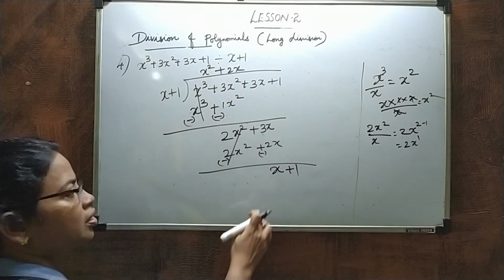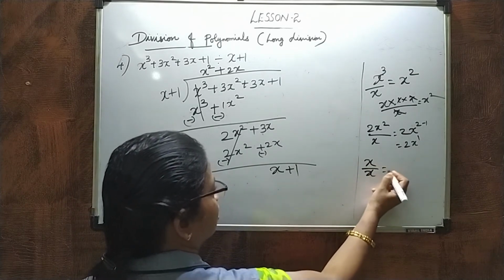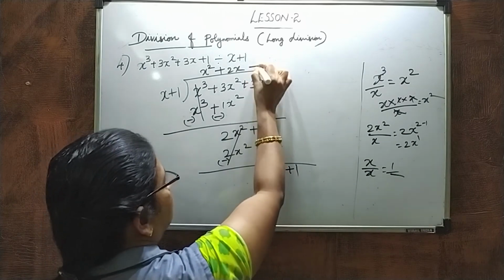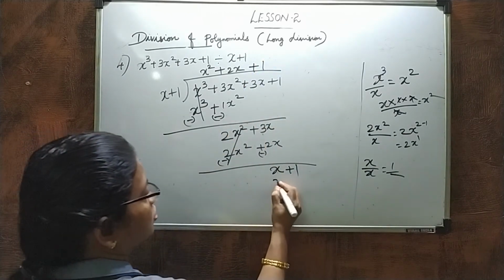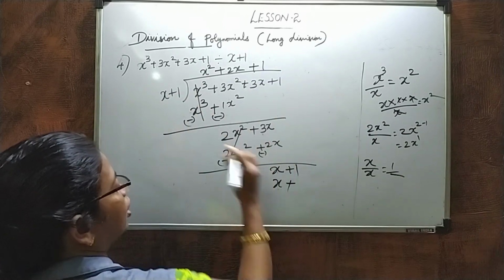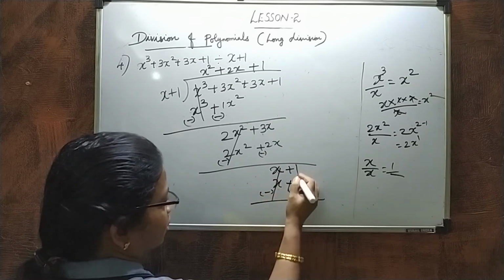Then again x divided by x. What will I get, x divided by x? Equals 1. You have to write plus 1. Then plus 1 into x plus 1. 1 into x, x. Plus 1 into 1, 1. Take that inverse. Cancelled here also.